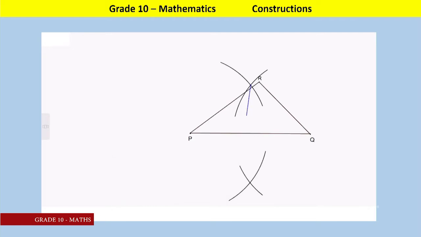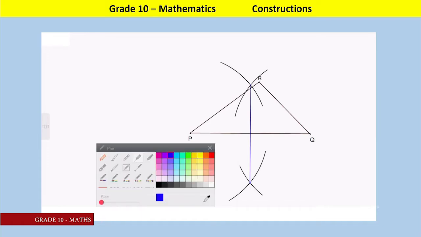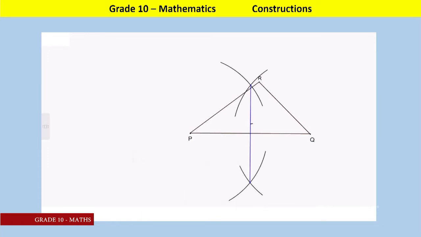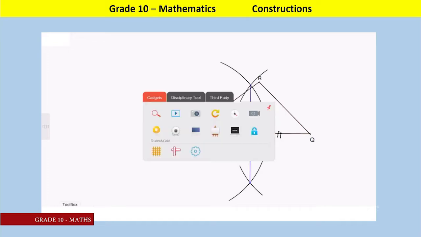Joining, we can find the perpendicular bisector. Somewhere on this line, there should be a lamp post because it is equidistant to P and Q. So how do we show that it is a perpendicular bisector? Remember to mark equal as well as 90.